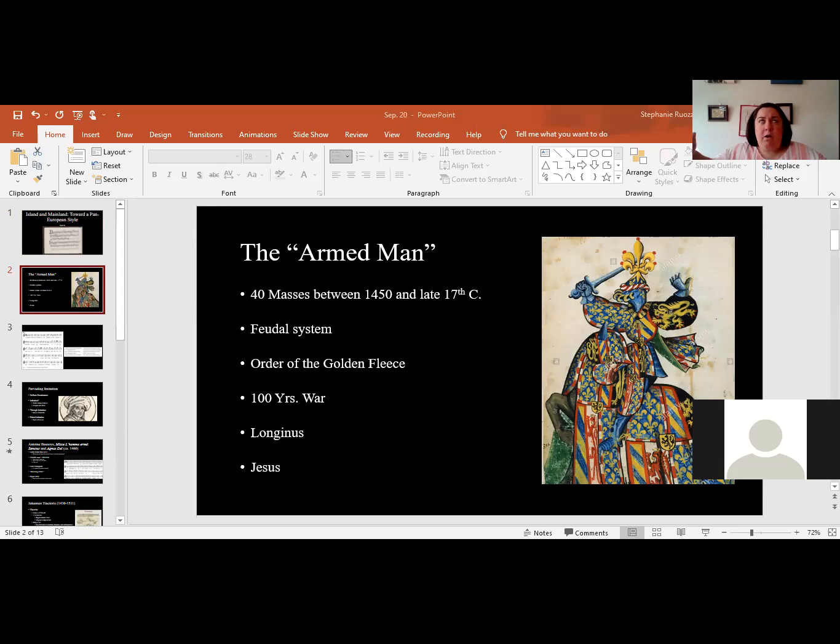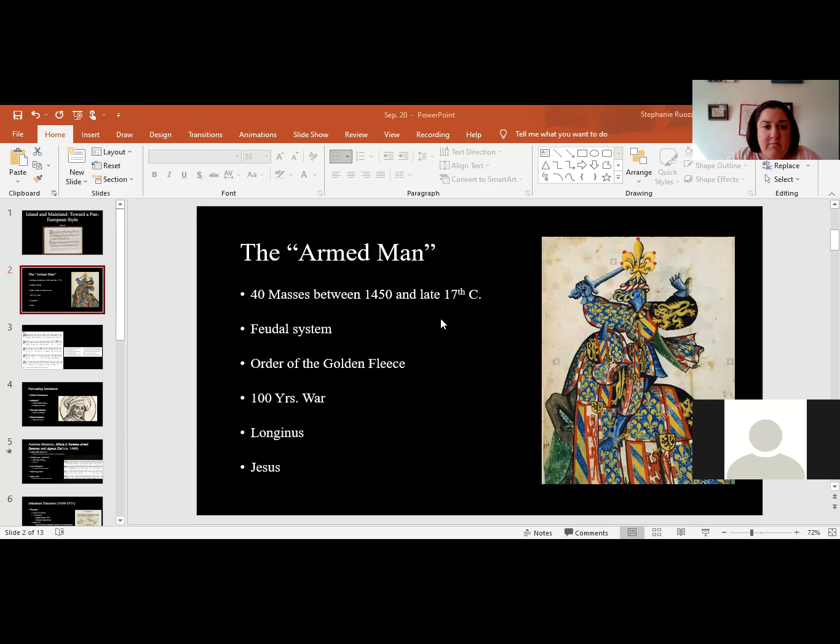That's a 200-year period where composers are relying on the armed man as the basis, the source of meaning in their masses. Now, most of these masses are by Franco-Flemish, German and Italian composers, and some Spanish composers also used it. So it's all over Europe. There are no boundaries on this thing. This is not one national tradition. This is a universal source.